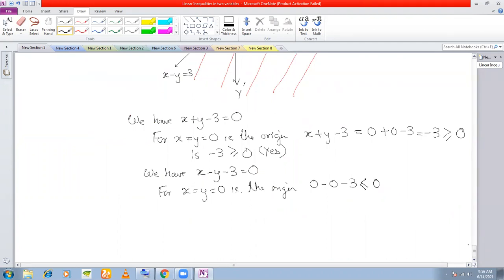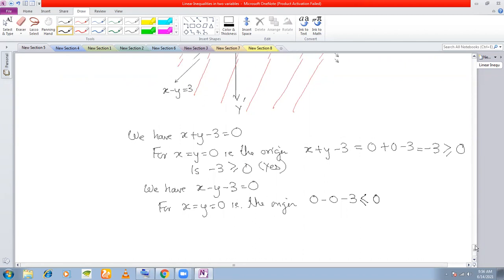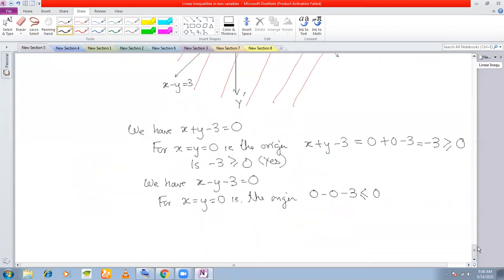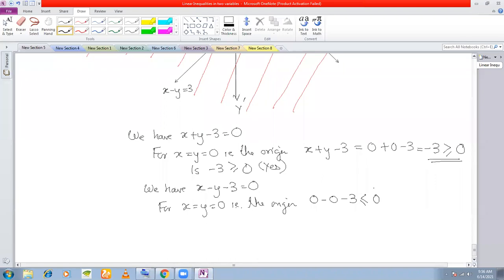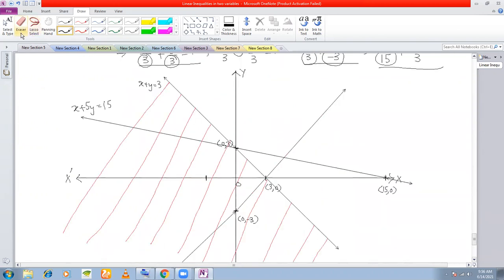I made a mistake here. This should not be the shaded part. This minus 3 greater than or equal to 0 is wrong. This answer is no. Therefore, we have to shade the non-origin side. We cannot shade this side.